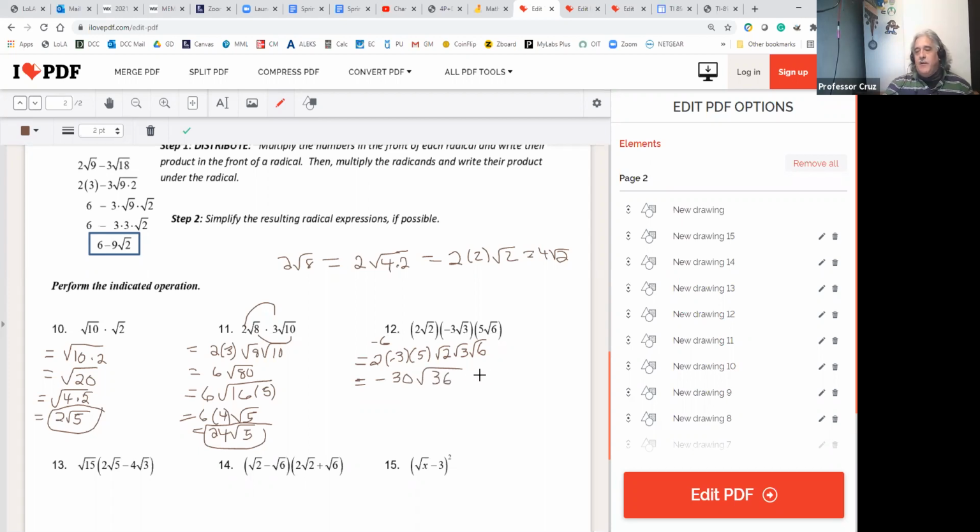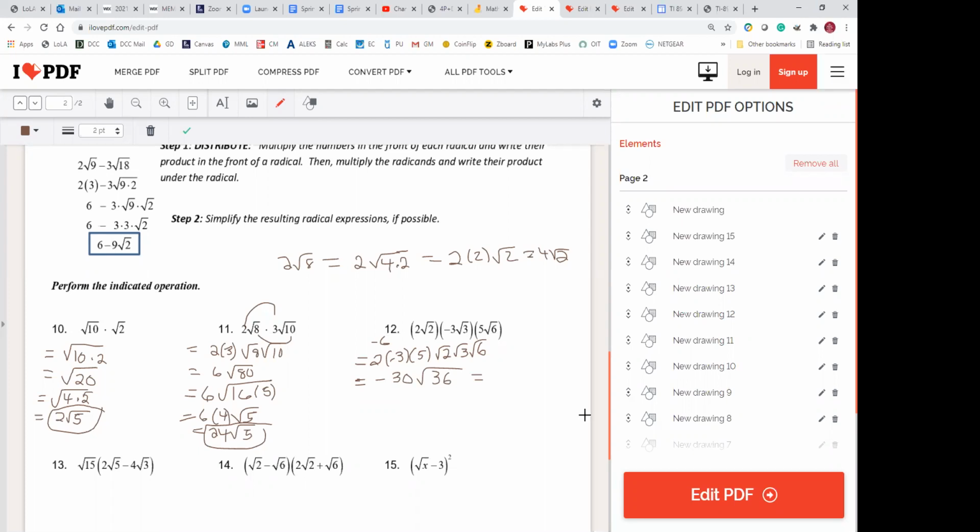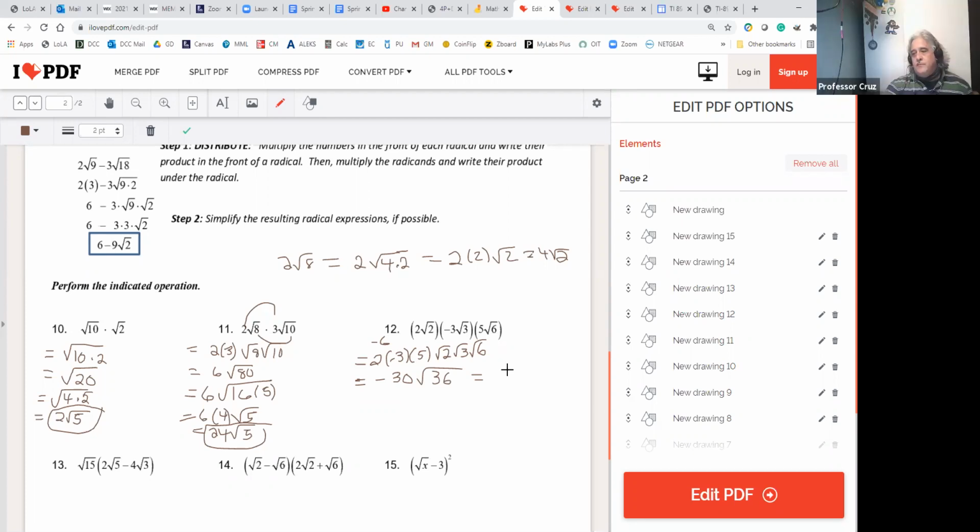Anything we can simplify there? For the 36, you can break it down to 6 times 6. So that ends up being 30 times 6, negative, and that's negative 180. Okay?